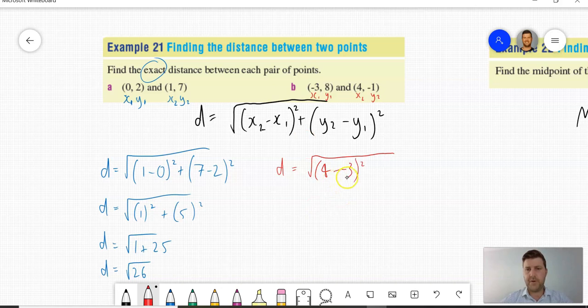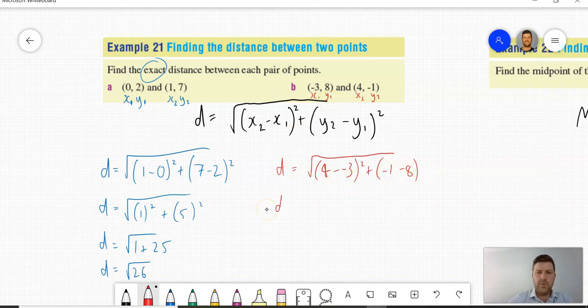So now we've got 4 take -3, we'll get to that in a minute. Let's do the rest of the formula. We've got y2, which is -1, take y1, which is 8. Now again, I'm going to go ahead and just do what's inside the brackets there.